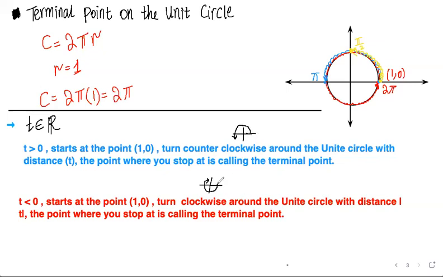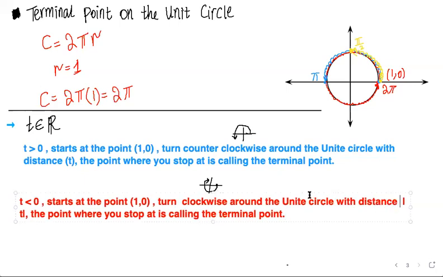So we're starting at this point, 1 and 0, moving clockwise, like the clock, around the unit circle with distance the absolute value of t. Why the absolute value of t? Because t is negative. I need the positive only. The point you stop at is called the terminal point. Same thing.